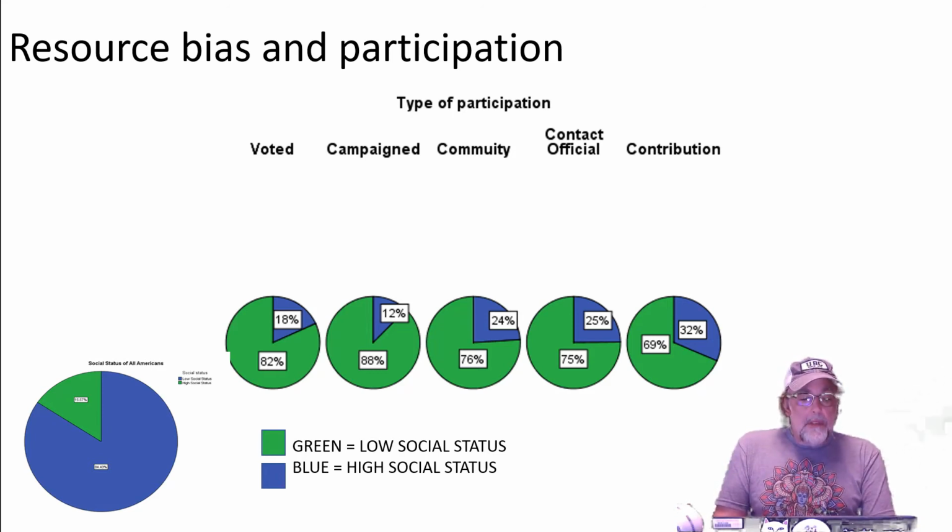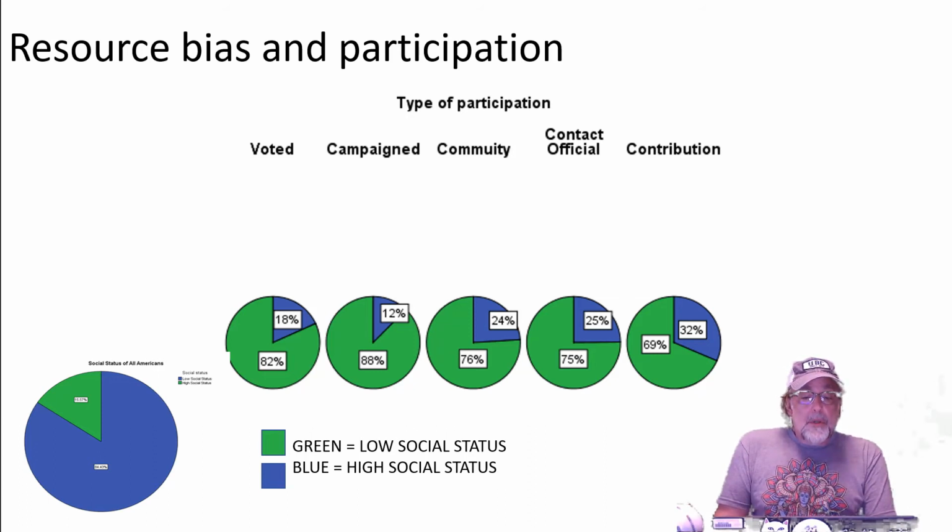So when it comes to voting, about 85% of people fall into the low social status group, and among voters, about 82% are low social status. So that's pretty close. The cost of voting is low. Lots of people can bear the cost.